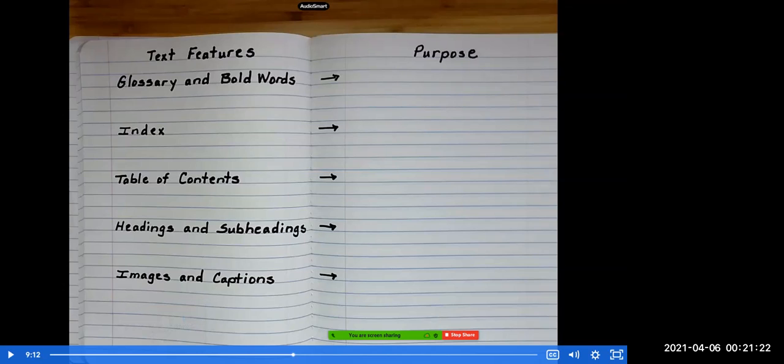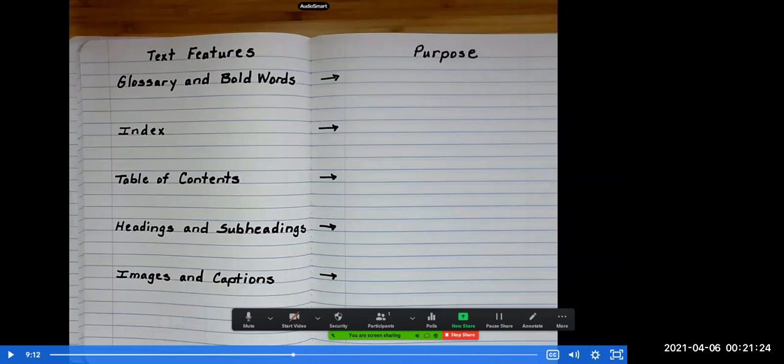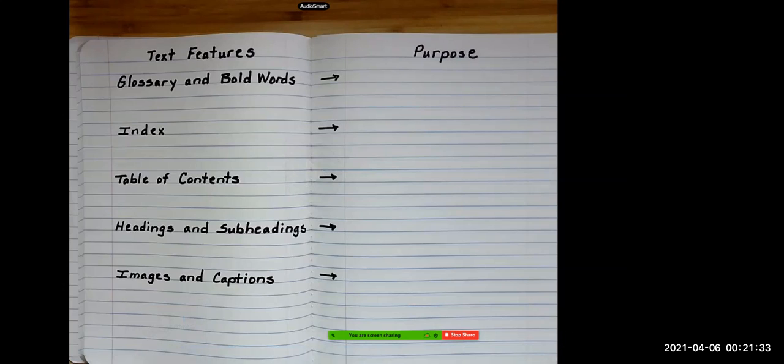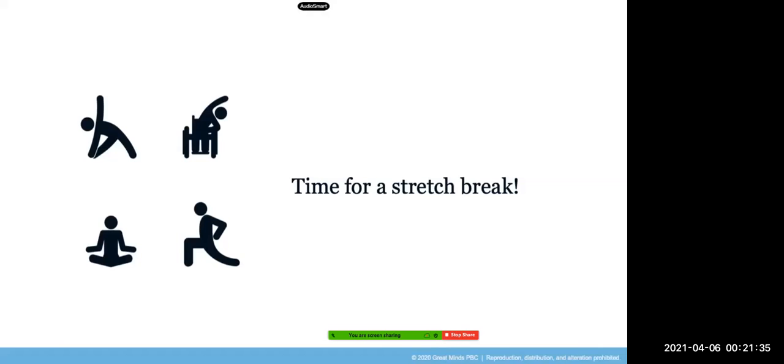And make sure that you have the purpose written down for every text feature. Pause here to take a stretch break and just hit play when you're ready to continue.